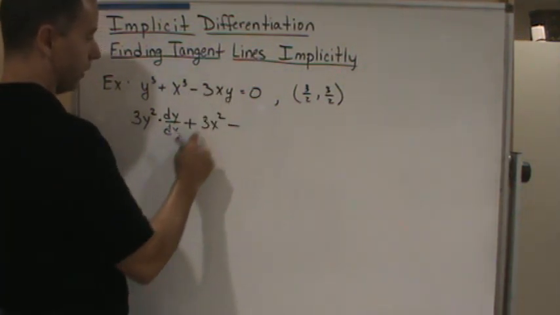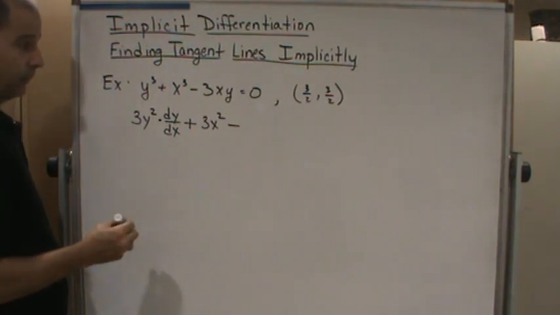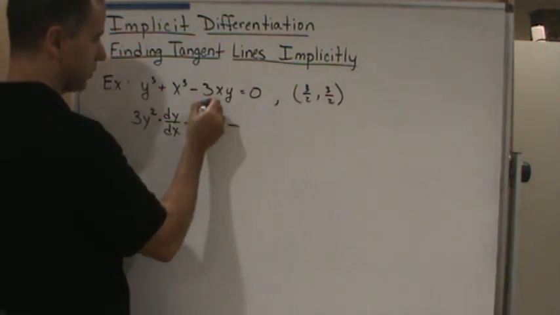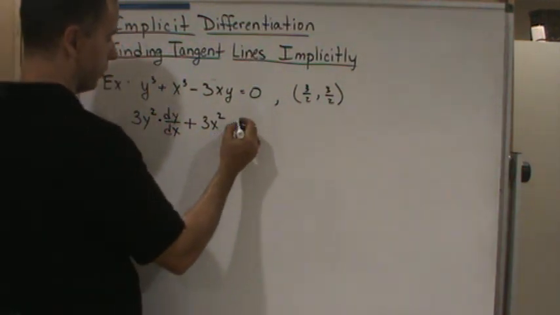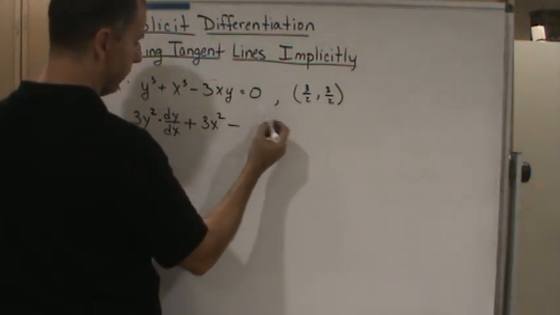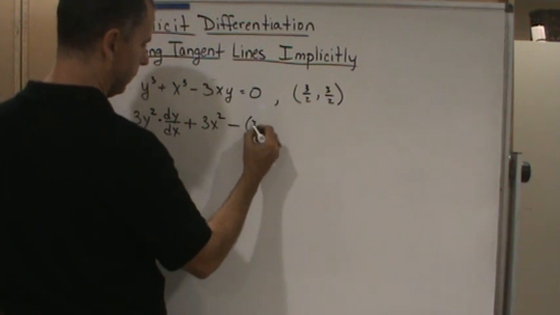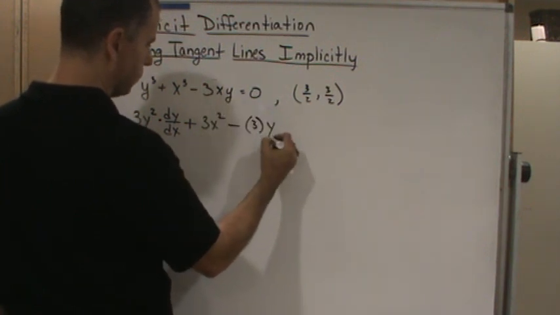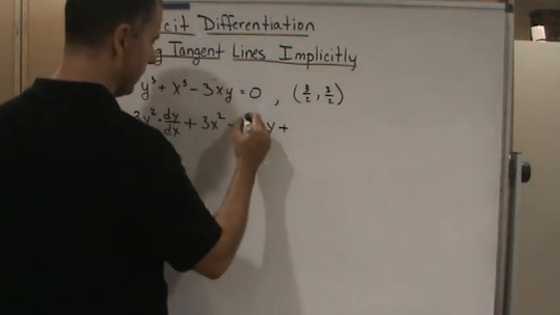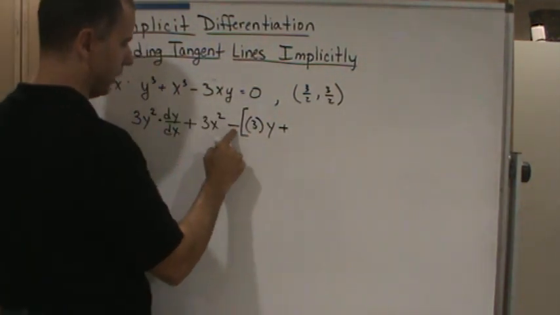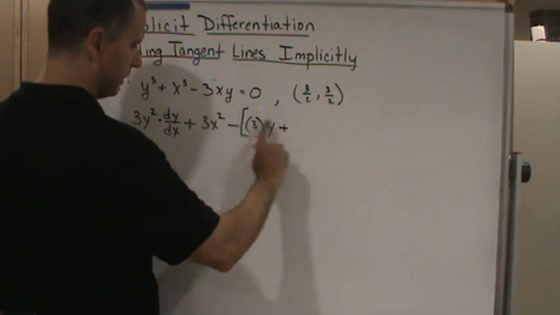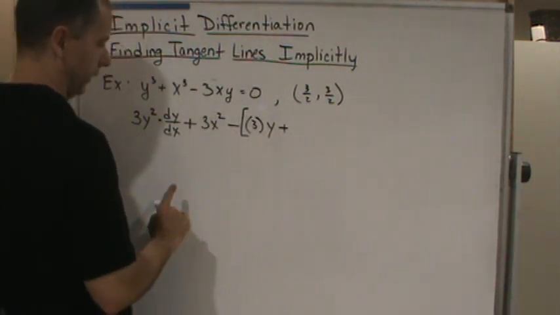This is a product, so I'm going to have to use the product rule here, okay? Because I've got this function here times this unknown function. So let's do it. It's going to be the derivative of the first, so that'll be 3, times the second, which is y, plus, now see, we're subtracting this whole thing, so I want to make sure that the subtraction is subtracting the entire thing, okay?